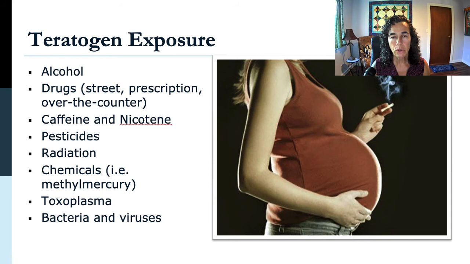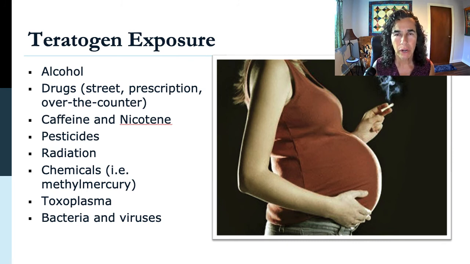Also drugs. So women need to be very cautious about all types of drugs, both prescription and non. Street drugs should be 100% off the table, and cocaine and opiates are addictive, and so they're addictive for the child, and babies that are born drug addicted have a range of issues that can accompany them into later life.